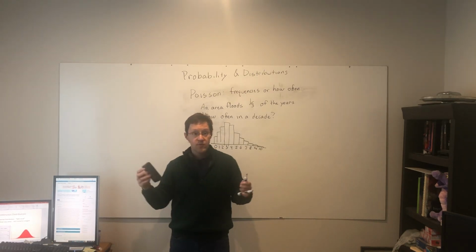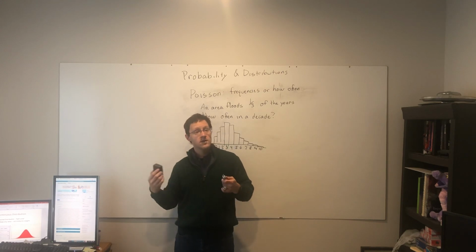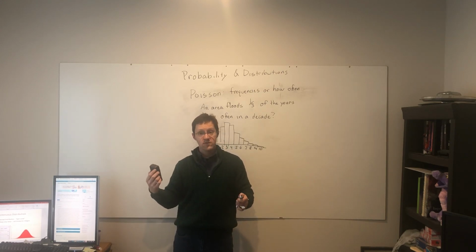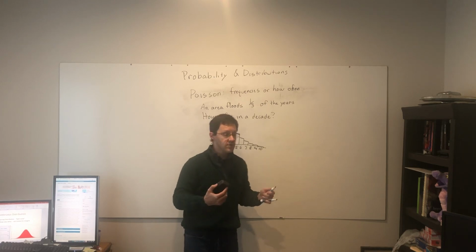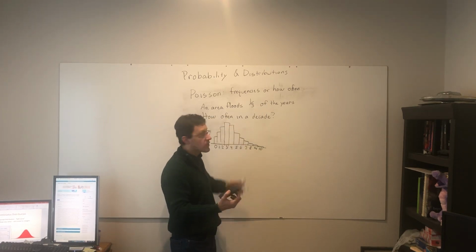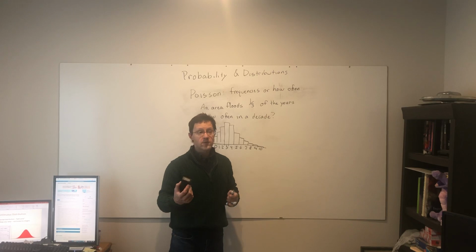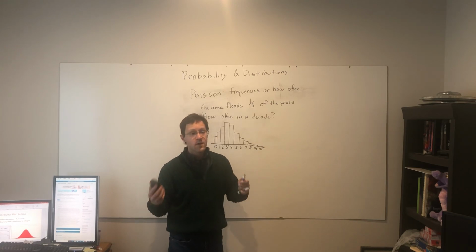Those are 3 of the more common discrete distributions, and they will at times come up. The Poisson especially will come up later in the course.